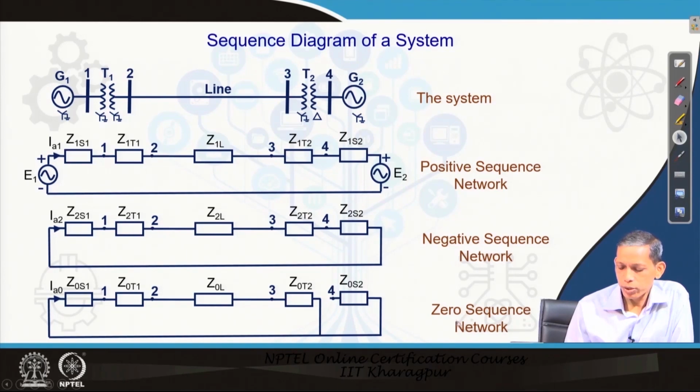Now, I will go to the zero sequence component similarly. The only difference is that for the transformers and the generators, the zero sequence component connection becomes different. Particularly here, two transformers are there and their associated impedances are Z 0 T 1 here and Z 0 T 2 here. Note that on the left hand side they are star grounded. So, the transformer zero sequence impedance is connected in series between the line side and the source side.